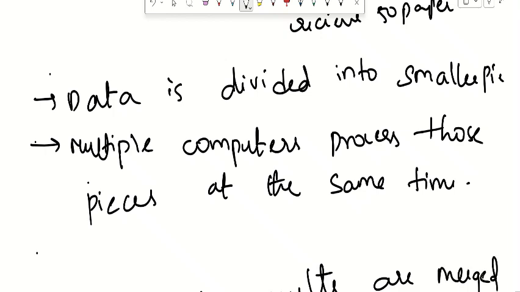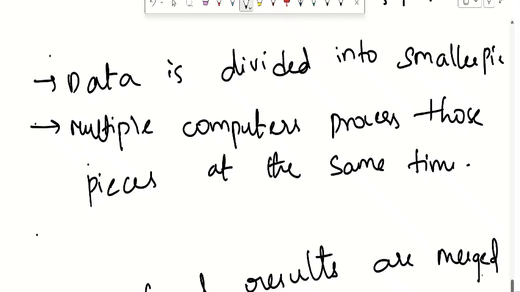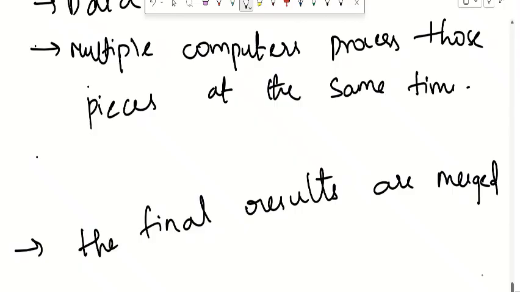First, it divides the data into smaller pieces, multiple computers process those pieces at the same time, and finally, results are combined.